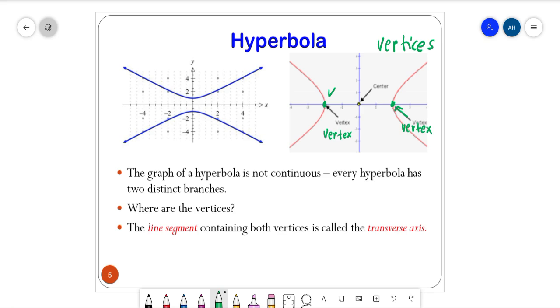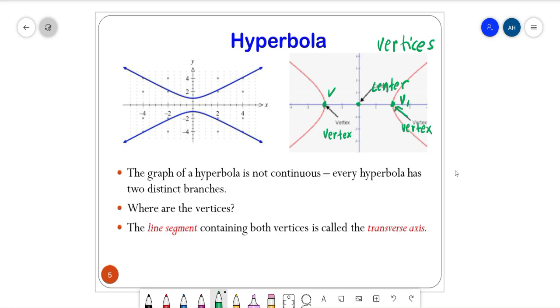Now, besides the vertices, a hyperbola also has what we call a center. This point here, we call it the center. C-E-N-T-E-R, center. That is the midpoint, halfway between vertex 1, usually the right one, which we label as V1. V for vertex, so V1 is vertex number 1.